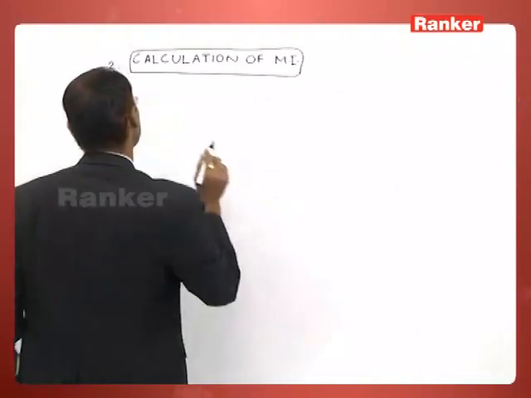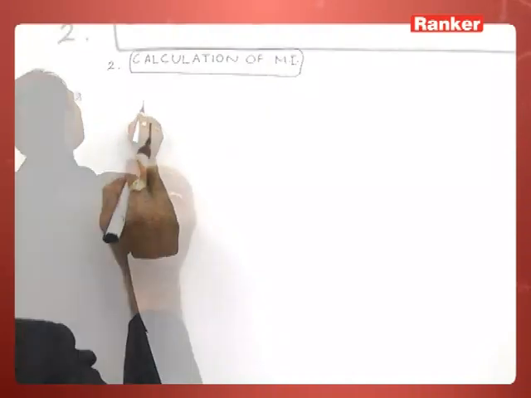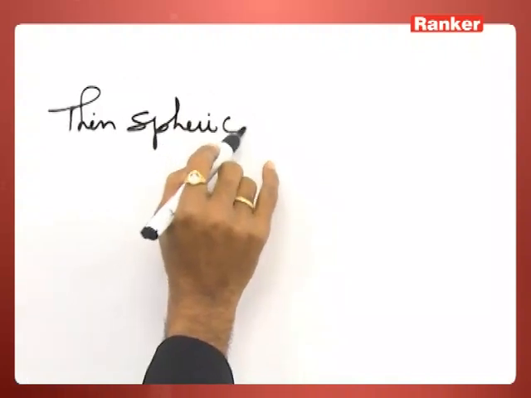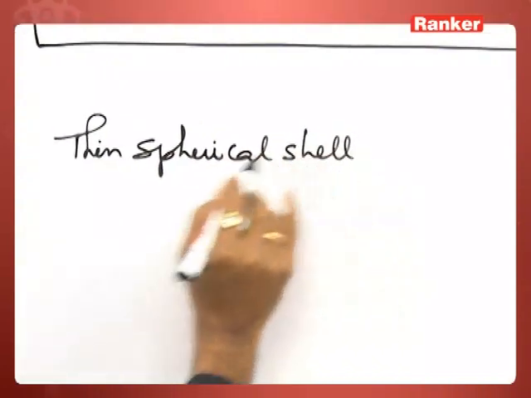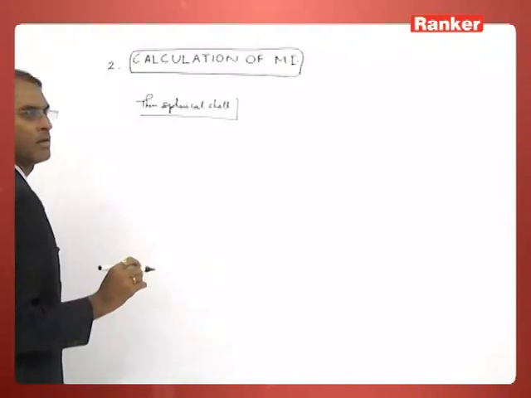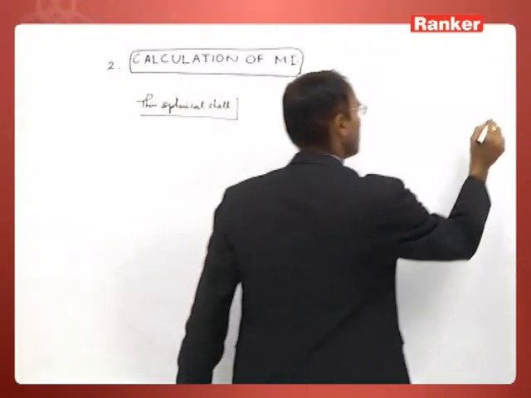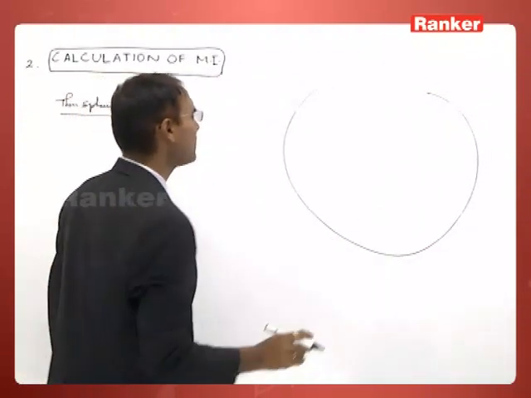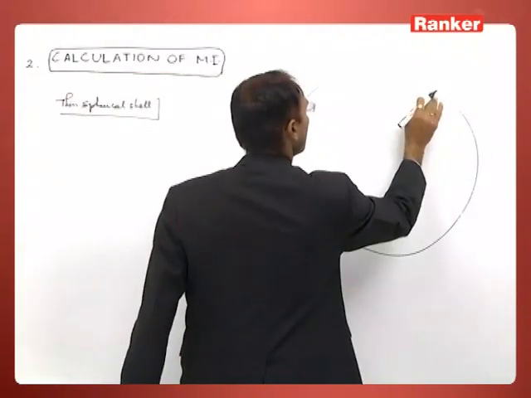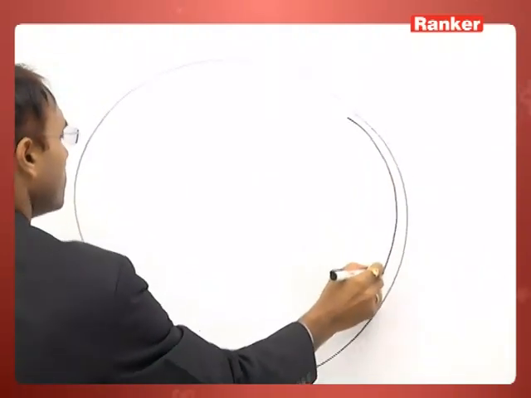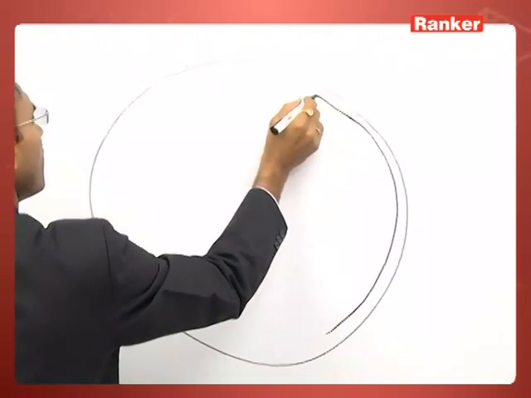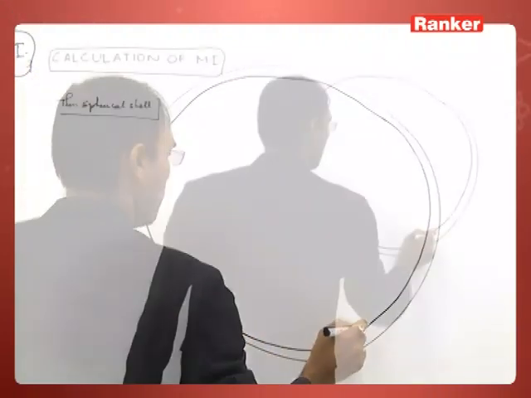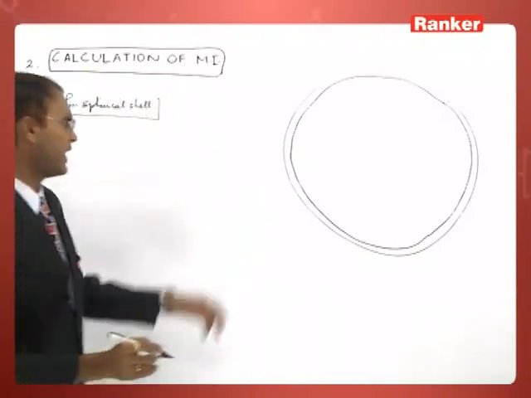Let us take another example, that is, say, a thin spherical shell. How to calculate the moment of inertia of a thin spherical shell? The thickness is very small compared to its radius.